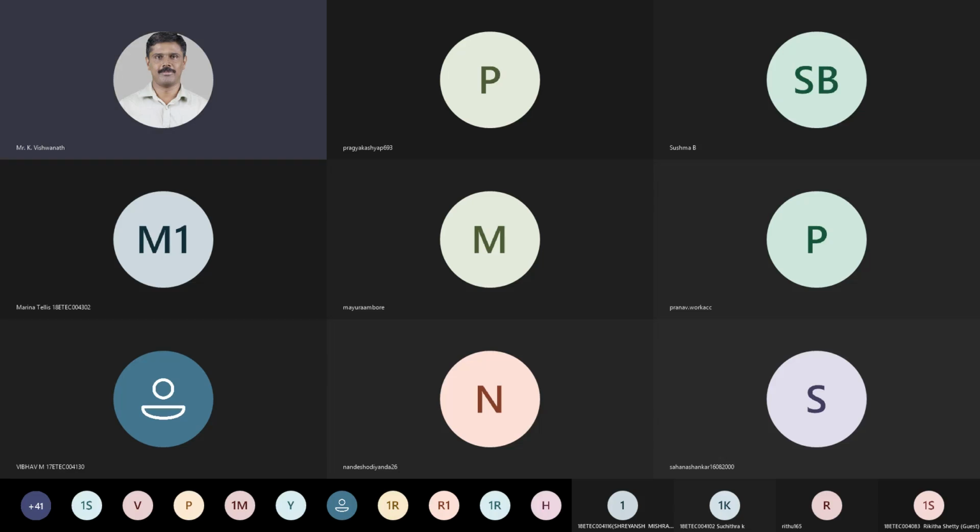This is very much related to your theory, so it will help your theory preparation also. This kind of questions you'll get in the GATE exam also. If you have a good understanding of this, you can apply it in solving GATE problems also.